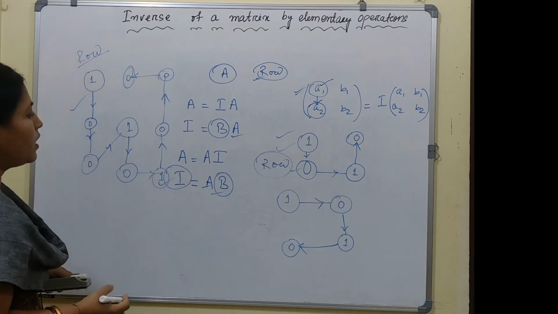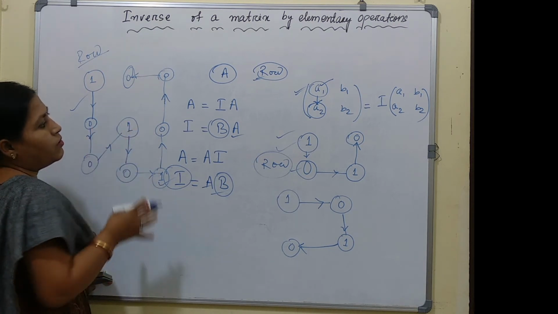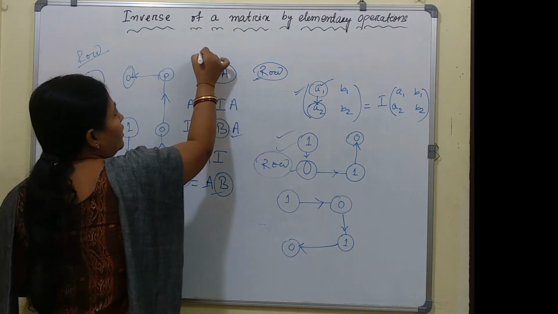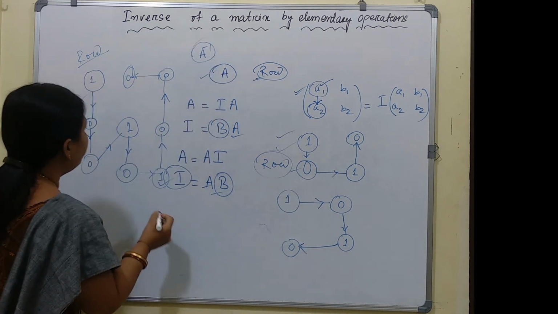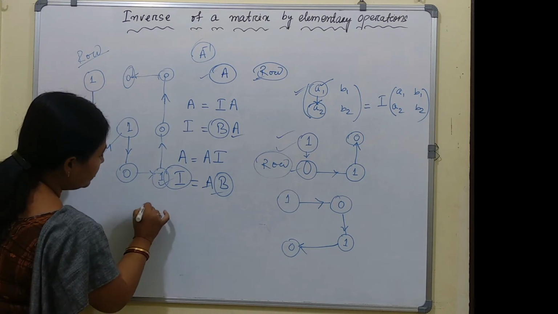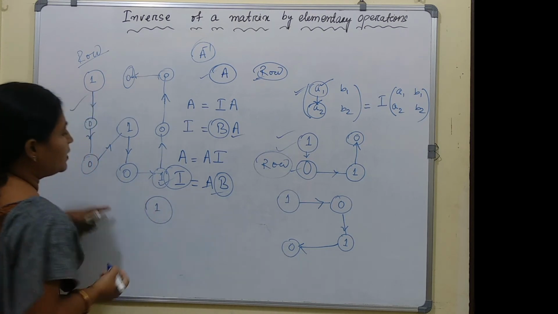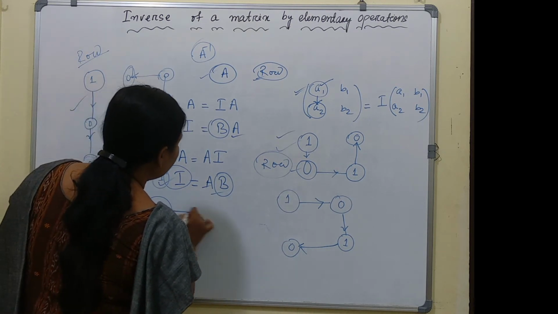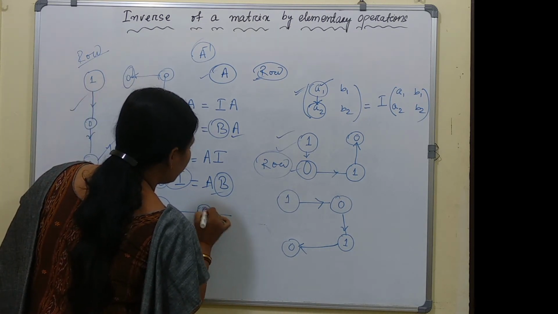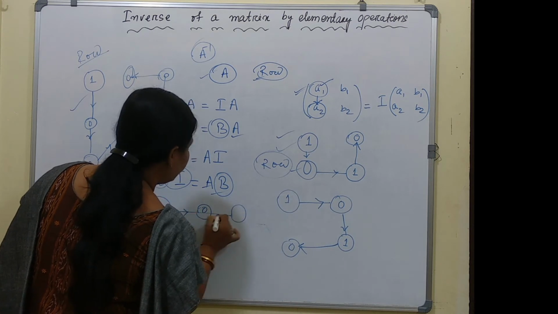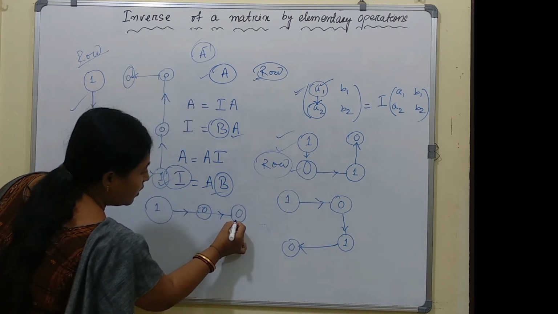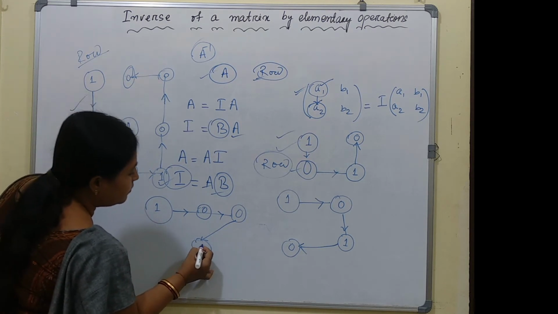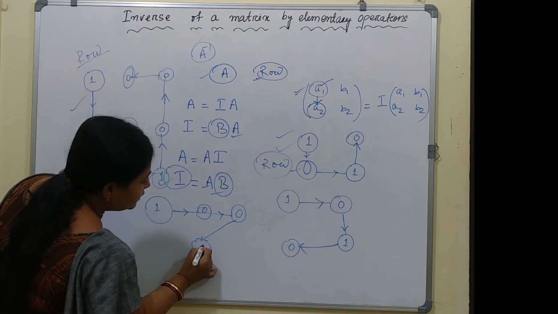When we apply the elementary column operation for an order 3 matrix for finding A inverse, we first convert this element to 1. Next convert these two elements to 0. Next convert the second column element, that is a2, to 1.